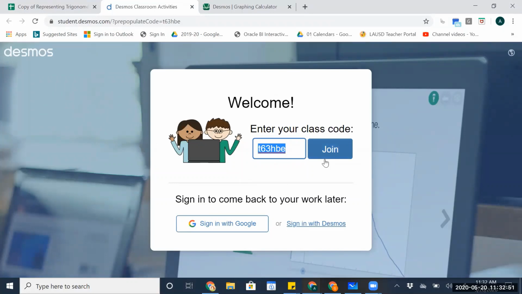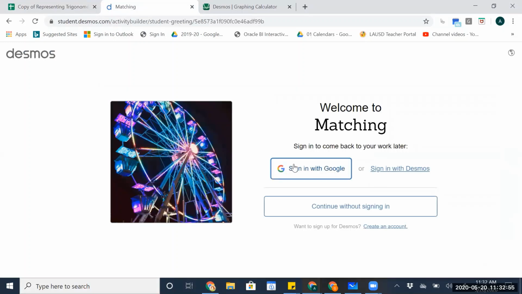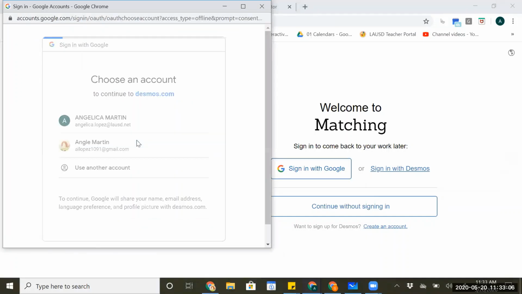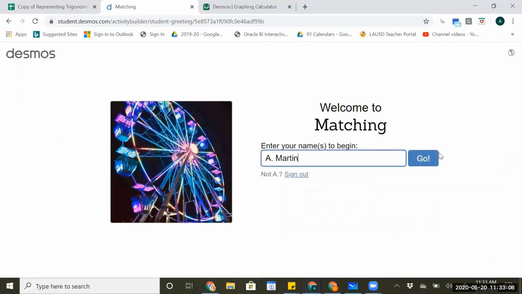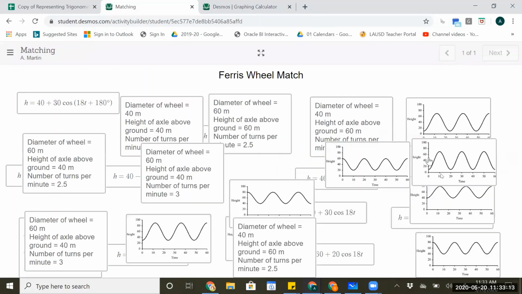However, I do suggest that you sign in with Google so that if you lose any of your work, or you have to exit, or your Wi-Fi goes out, you can sign back in and go to where you left off. So I'm going to go ahead and sign in with Google. Okay, there I am. Now I know my stuff's going to be saved as I work.